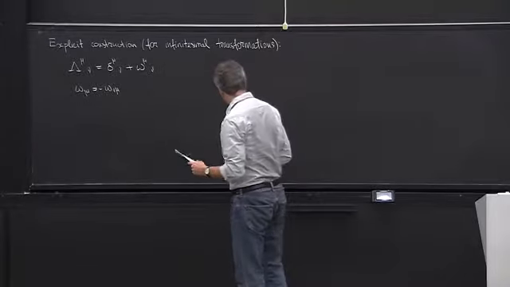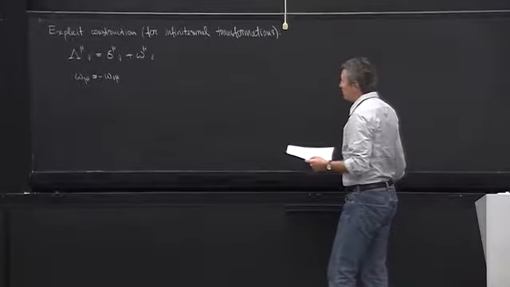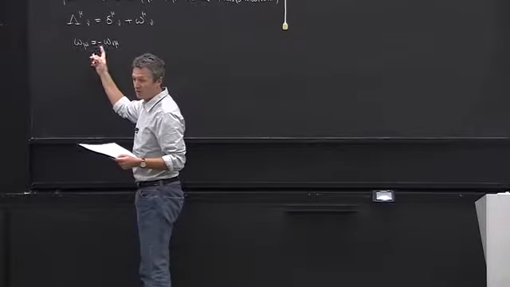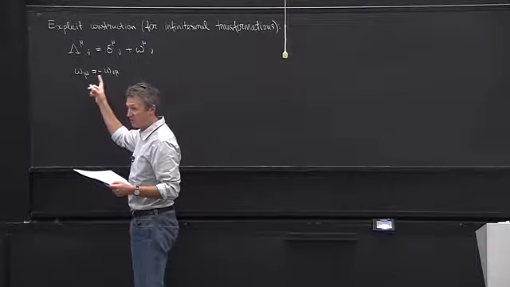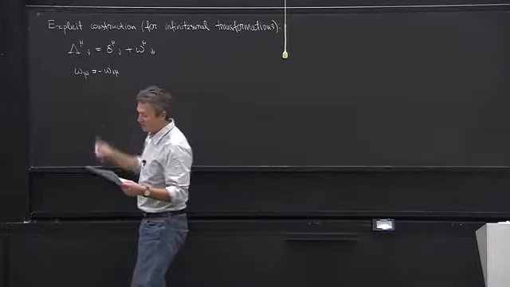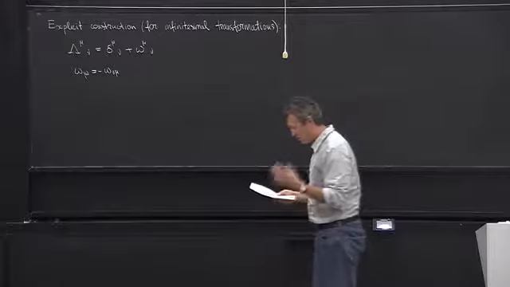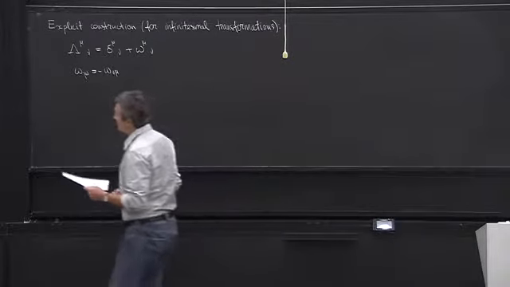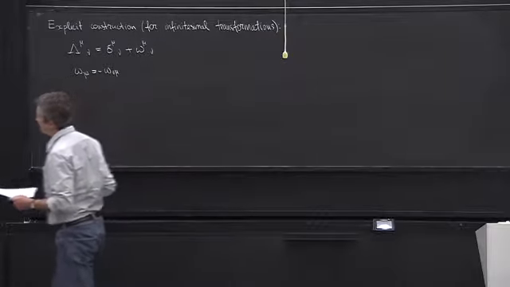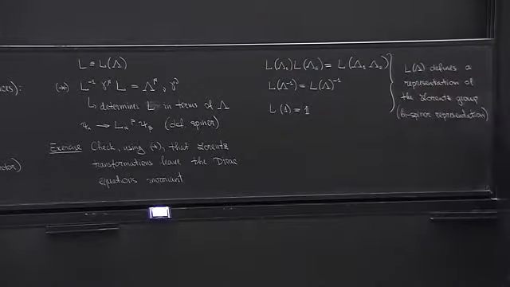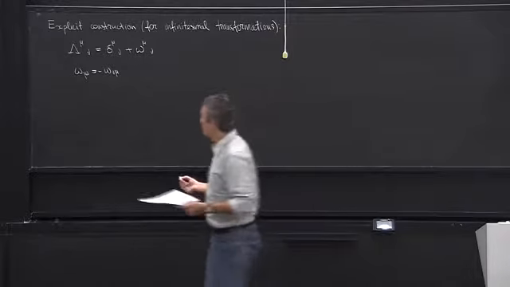But in principle, this is a numeric matrix. So if you lower one of the indices, this must be a numeric matrix which is antisymmetric. Then we can use this property, which tells us that for the identity transformation L is 1.